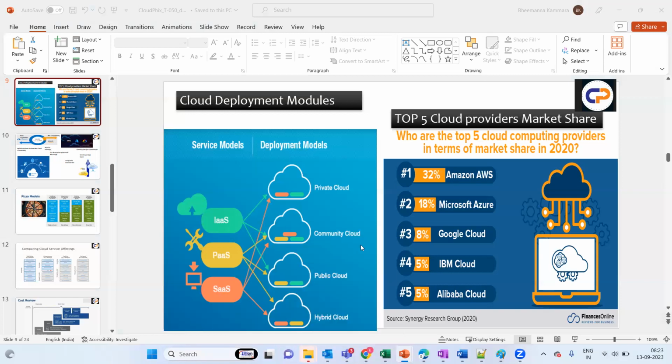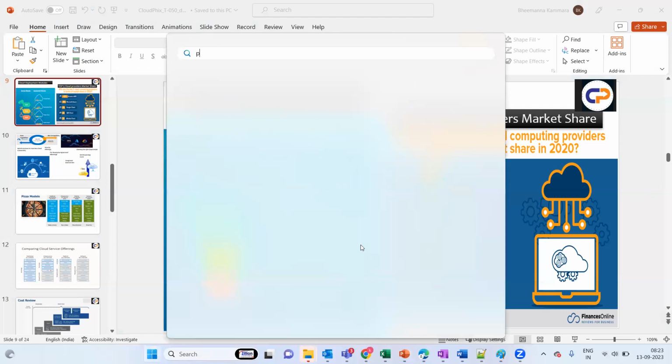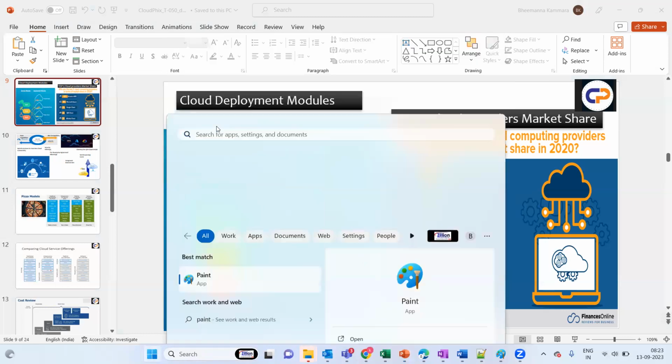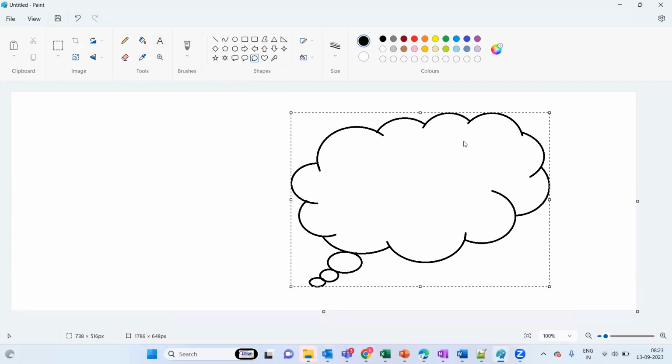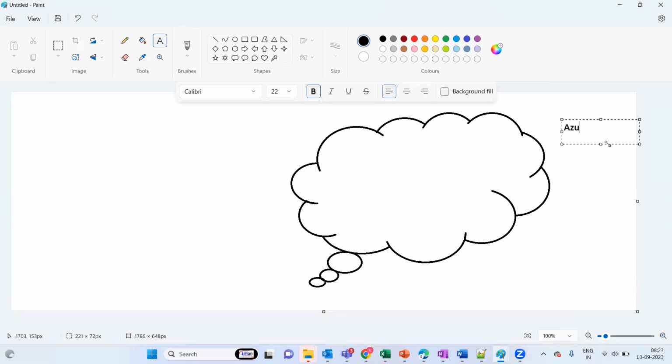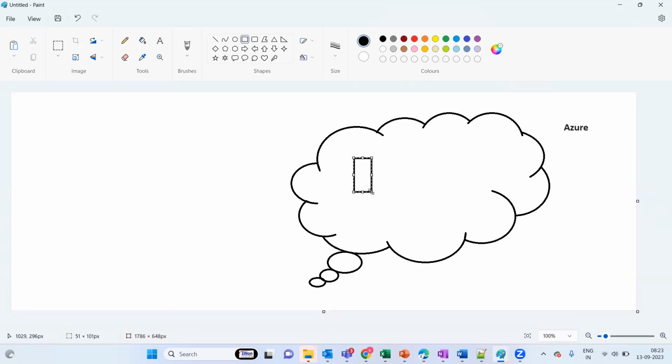Okay, so let me explain it in cloud terminology. It is very important. First we'll go for the public cloud. You have a cloud vendor, let's say Azure. If you take this Azure cloud vendor, here there are a lot of servers and applications, the storages and all.